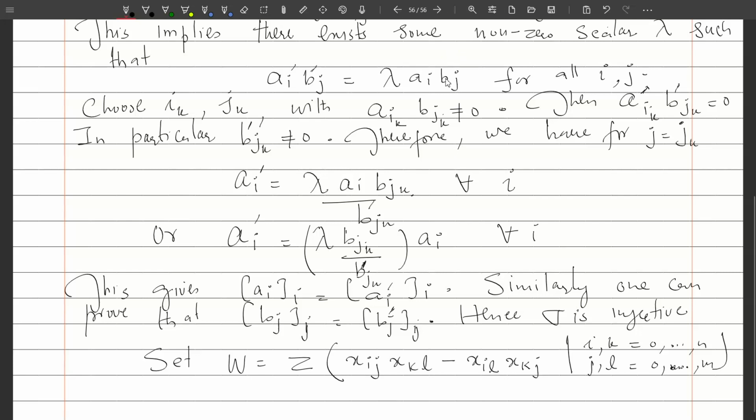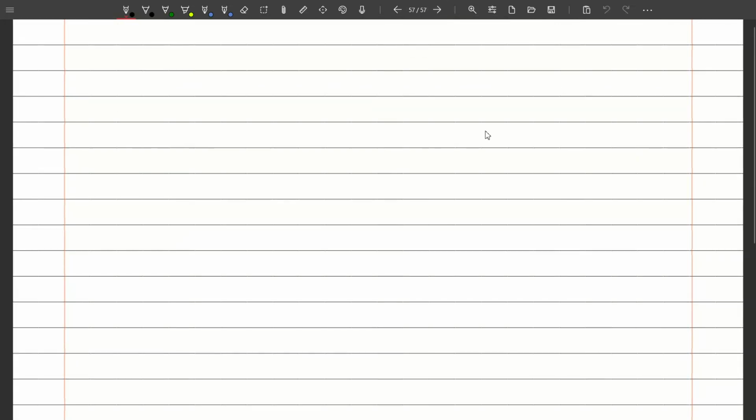Now one inclusion is trivial. So if we look at sigma, sigma is of course contained in w. So this is trivial. So to prove this, let us pick some point in sigma.